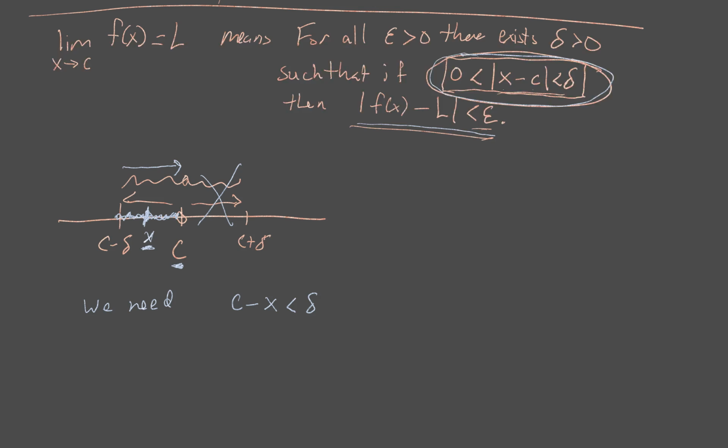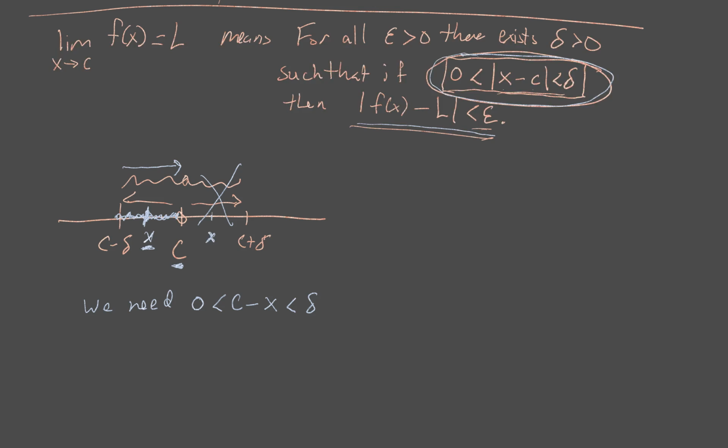The distance is the positive difference between the things. If we're guaranteeing that c is bigger than x, then I want c minus x to be less than delta. And I also want this to be bigger than 0, right?